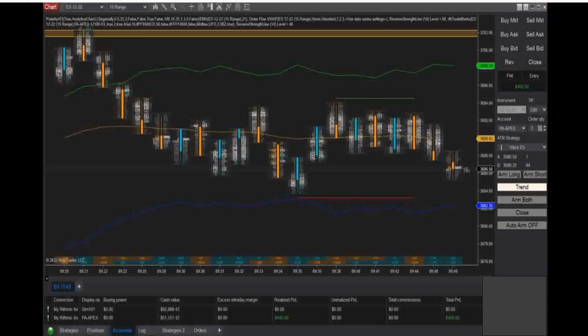And it's the nice thing about the Polarity ATI, having those lines there to point out resistance and support, because it helps you figure out where it may be. So I decided to stick around here and wait a little bit to see what's going to take place. And I'm also looking at that 2000 tick chart.